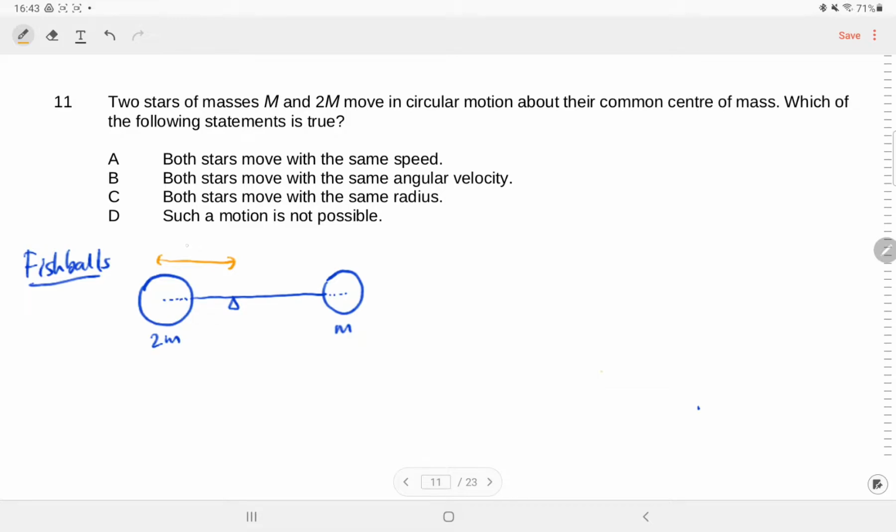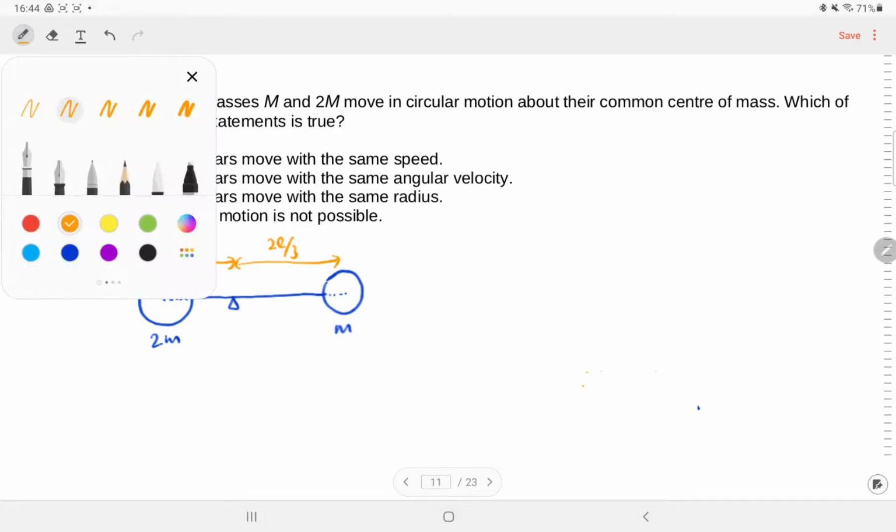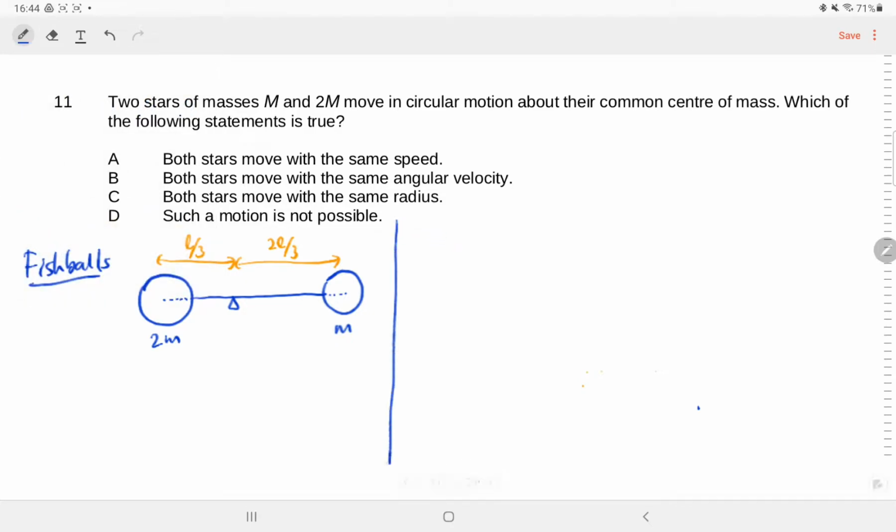Then this distance will be 1:2 of the distance to that mass, so altogether 3 parts. So this will be L upon 3, and the other one will be 2L upon 3. So the ratio of the distances is the inverse of the ratio of the masses. With that, we can figure out where the center of mass of this two star system is.